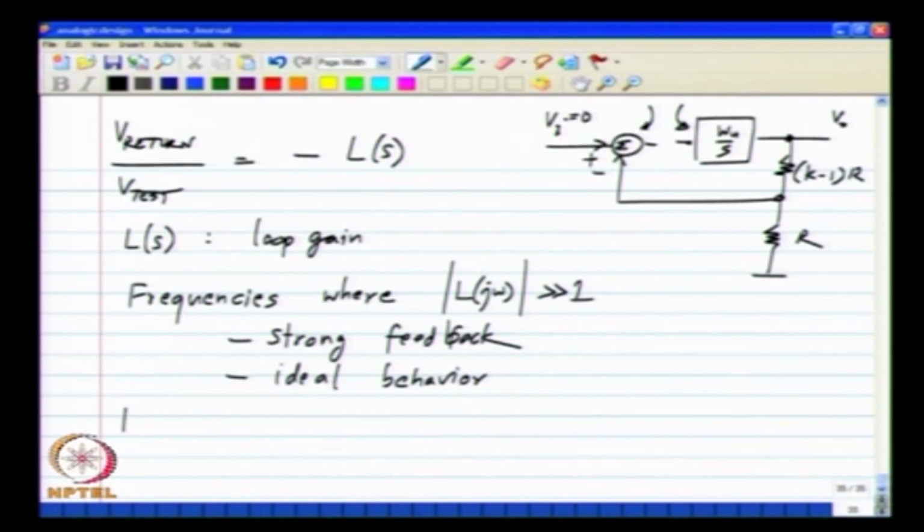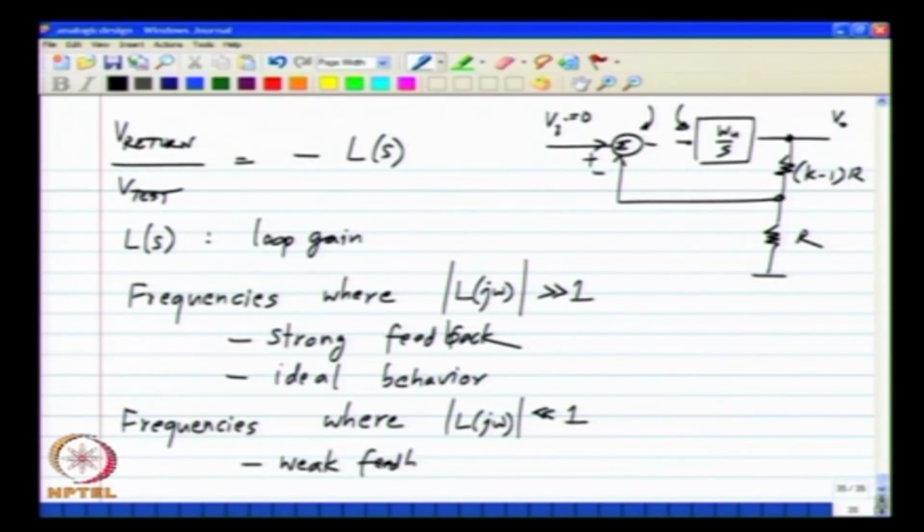And the frequencies where the magnitude of L of j omega is much less than 1, you have weak feedback and non ideal behavior.